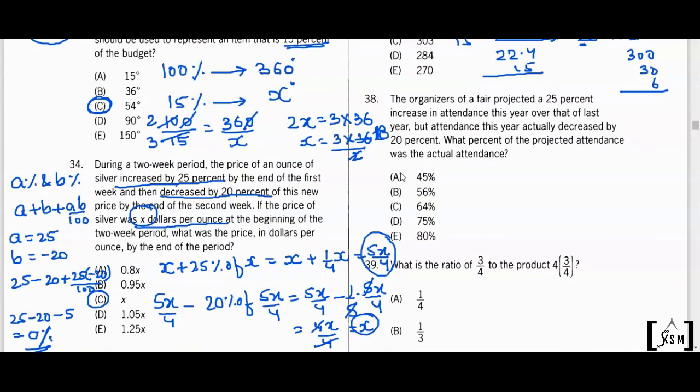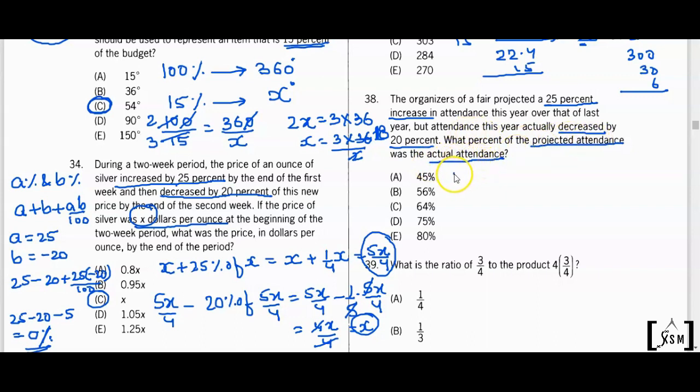Organizers of a fair projected a 25% increase in attendance this year. So they projected a 25% increase in attendance over last year, but attendance this year actually decreased by 20%. What percent of projected attendance was the actual attendance?